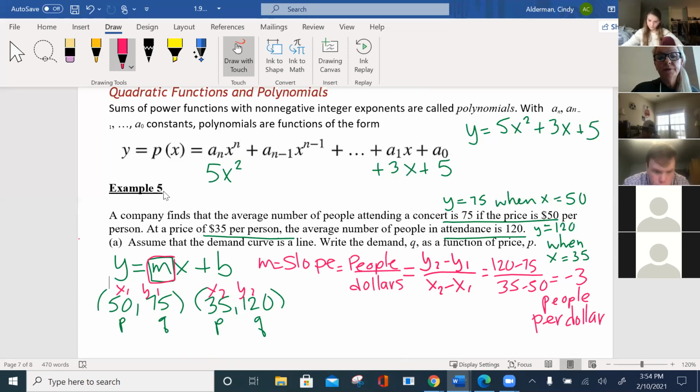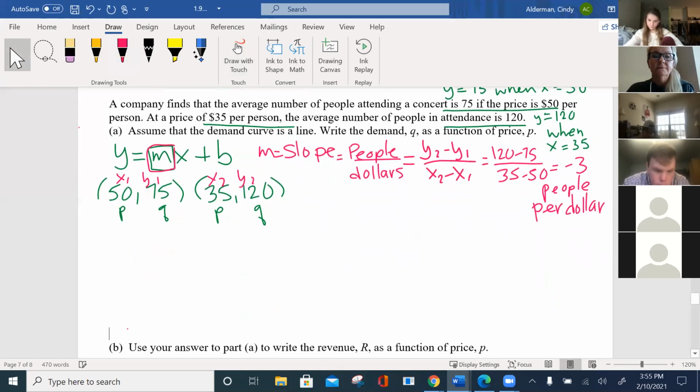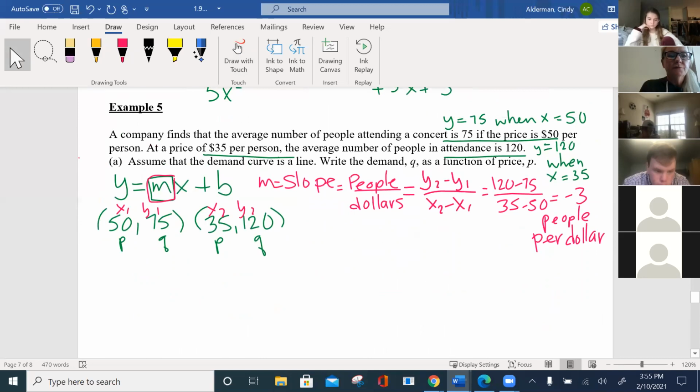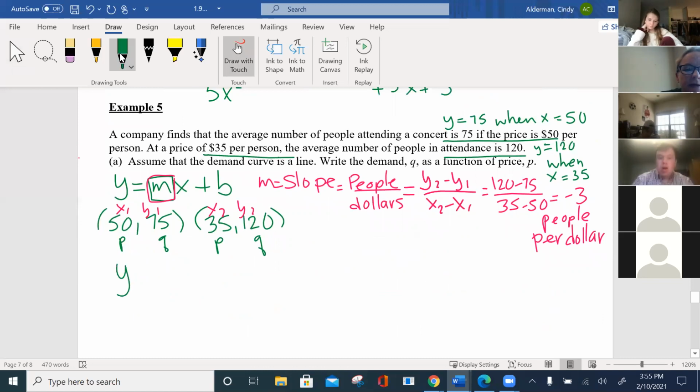Okay, so once we have the slope, we can plug it in here. So y equals -3x plus b.